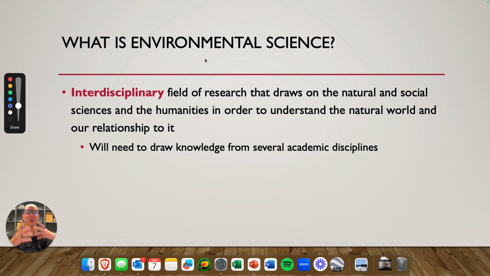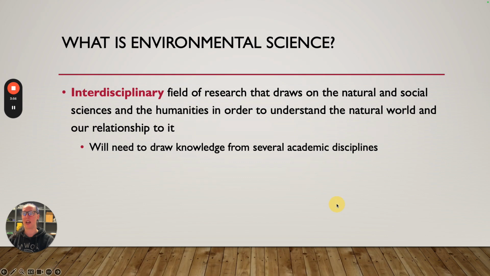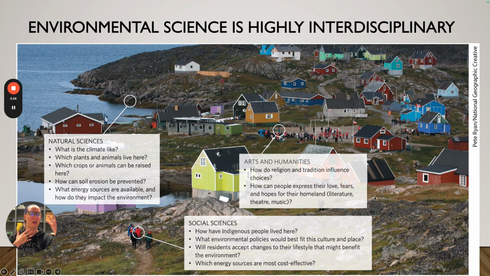So there are lots of different avenues that we can dive into with environmental science in order to understand the world around us. Your book draws on this idea, and this is an image from your book showcasing the interdisciplinary part of this. So things like natural sciences. In this particular community, you would have to know what the climate is like, what plants and animals can live there, which crops or animals can be raised there.